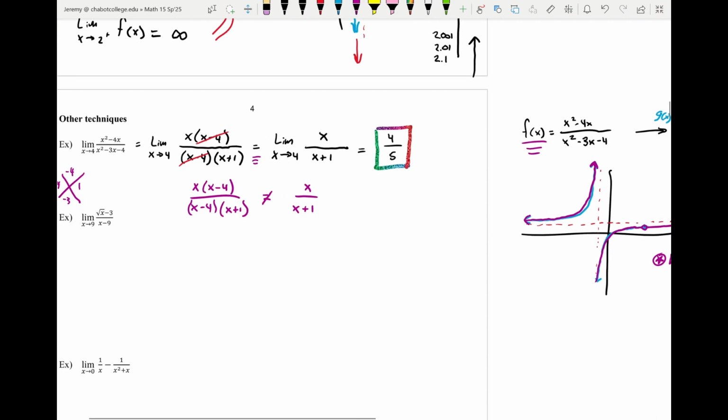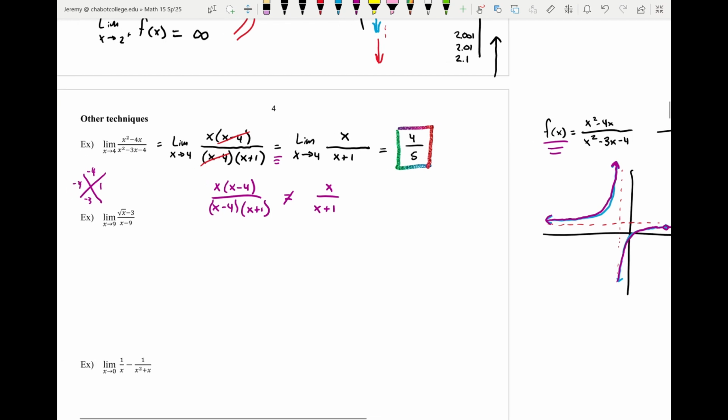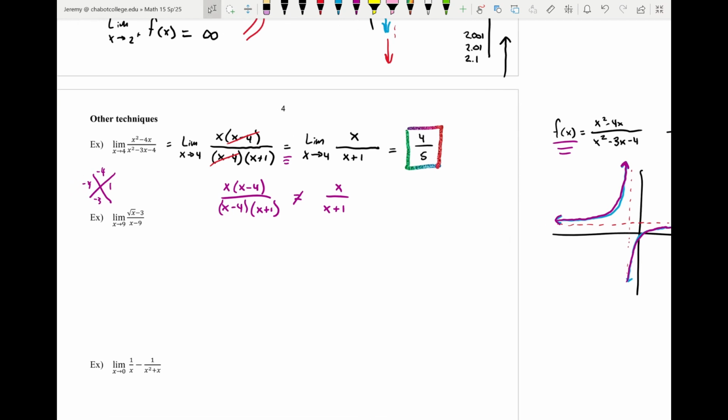So why is it that these two limits, like there's an equality here if there's a limit symbol in front of it, but there is not an equality here if there isn't the limit symbol? Why is that? Remember, the limit does not care what's happening at the x value, x equals 4.